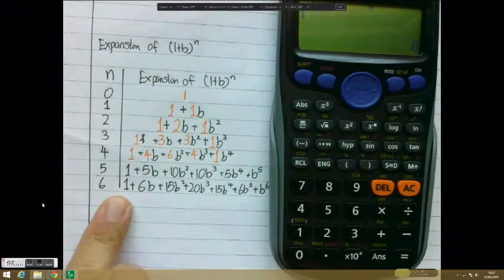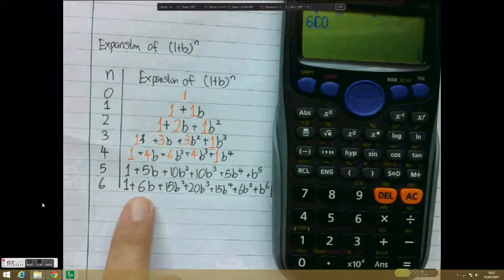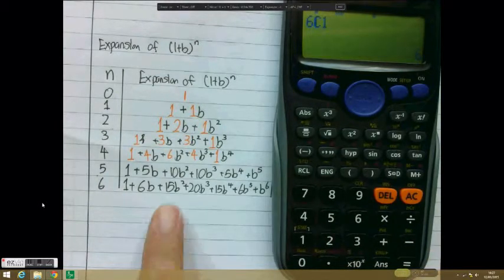Okay, 6. Notice that at this point here, for this one, it's actually 6 choose 0. I've just typed 6 choose 0. It is 1. This coefficient 6 is 6 choose 1. Is 6.